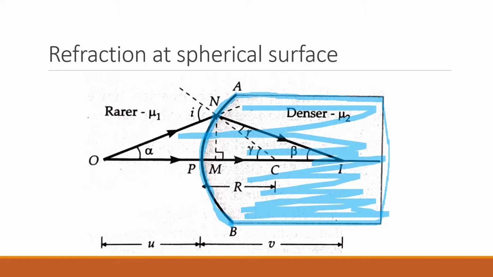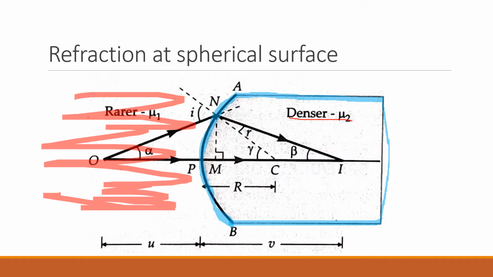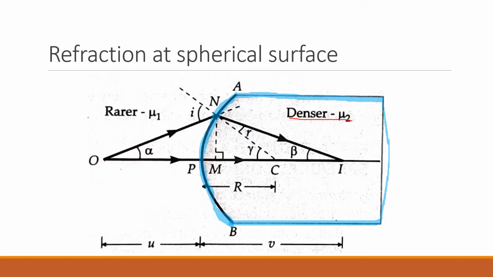So your refracting surface APB separates two mediums, your rare medium and the denser medium.